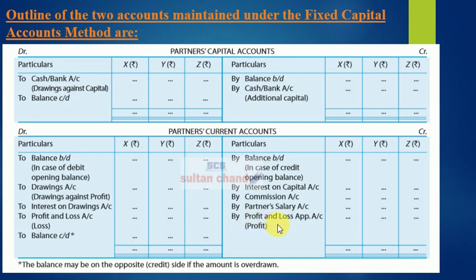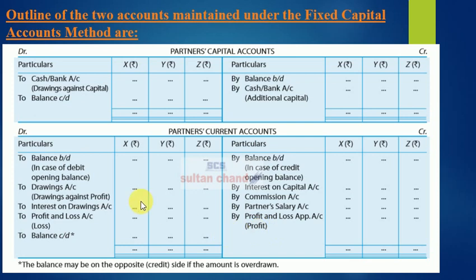That net divisible profit has the journal entry: profit and loss appropriation account debit to partners' capital account. Based on that entry, this is the net divisible profit credited on the credit side. So these are the maximum entries posted here, not in capital account but in current account.